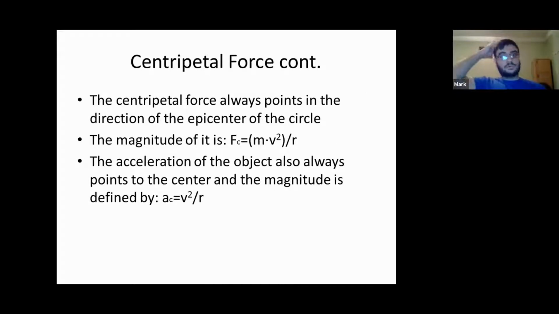Like I mentioned, centripetal force always points toward the center of the circle. Its magnitude is always equal to mass times velocity squared over r, mv squared over r. That's what centripetal force always equals. And unlike where I said make a force diagram, centripetal force is a net force, so you can always just find it using this formula.